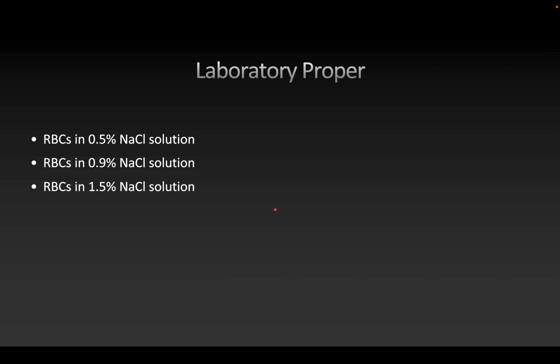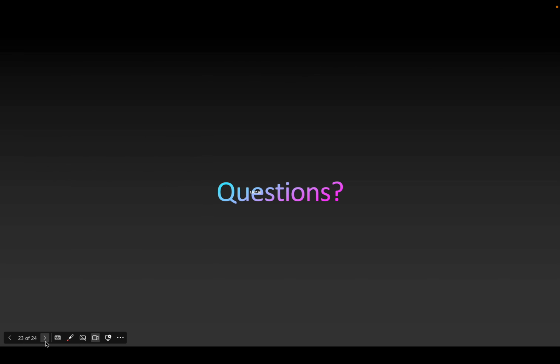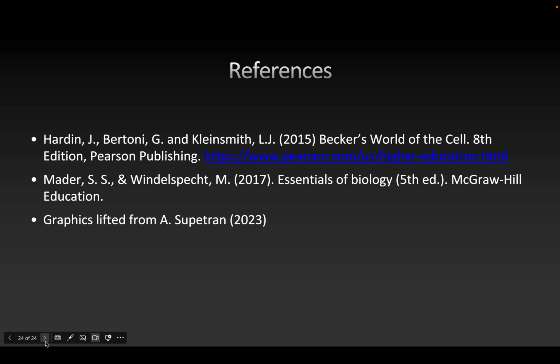Your goal is to observe and take note of the differences in cell morphology, the appearance and size of these RBCs subjected to the different salt solution concentrations. If you have questions, we can discuss them during our laboratory proper.